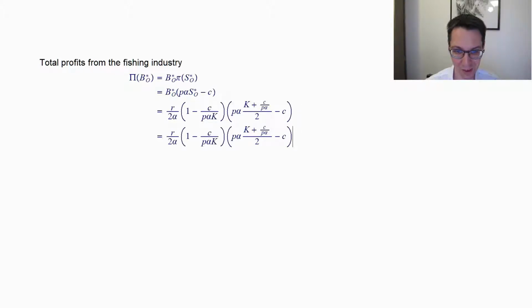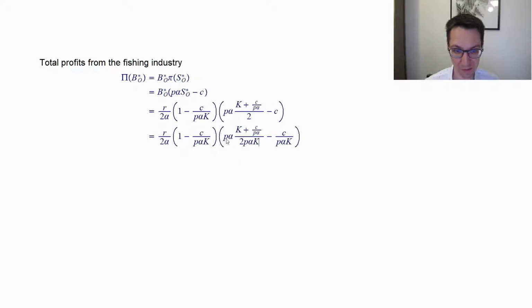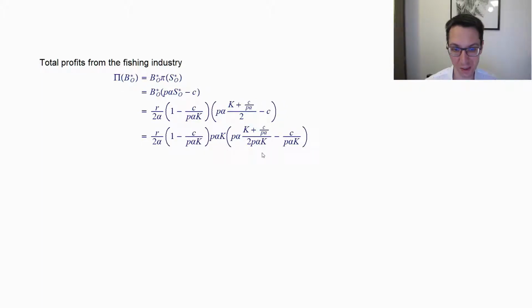And now we can have a whole lot of fun simplifying this expression. So I suggest doing the following. Let's divide C by P alpha K here, and then let's divide this by P alpha K, and let's multiply the whole expression by P alpha K. We haven't changed anything. And now we can use that to simplify a lot.